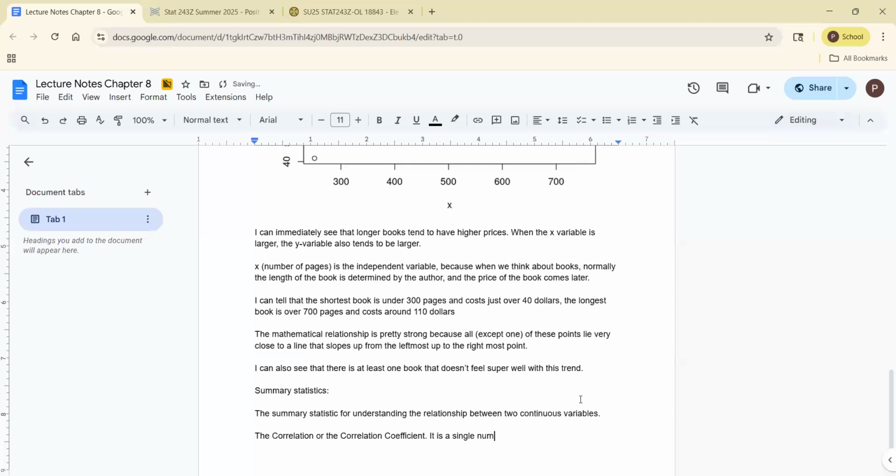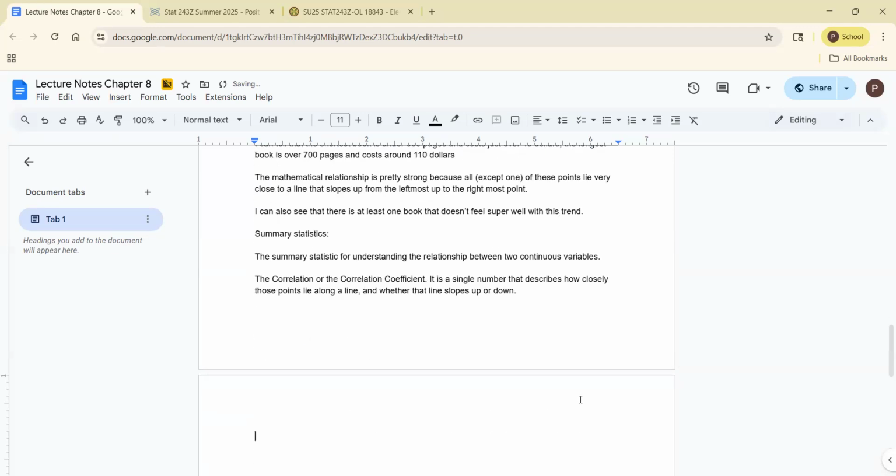It is a single number that describes how closely those points lie along a line and whether that line slopes up or down. That's one way to describe it.